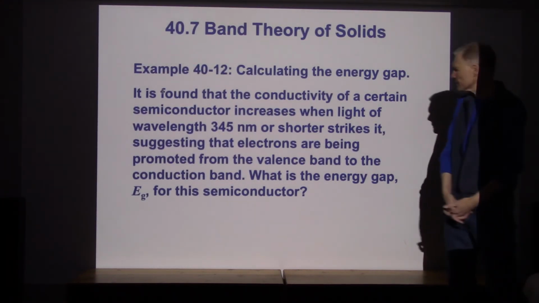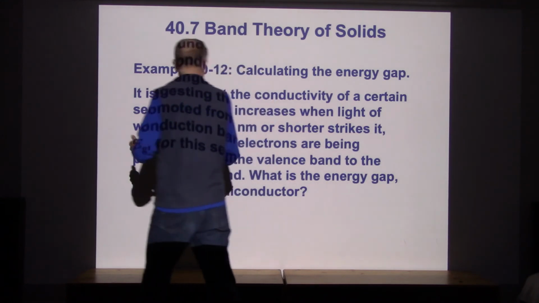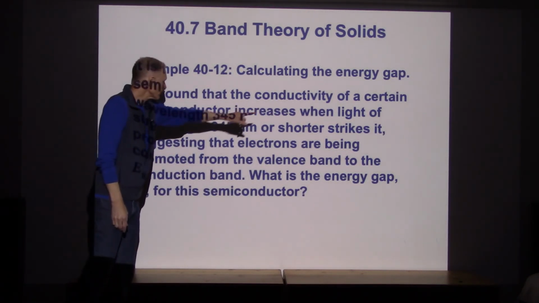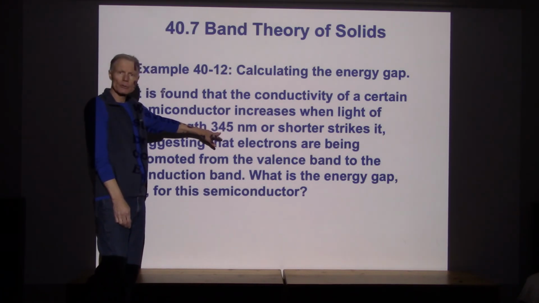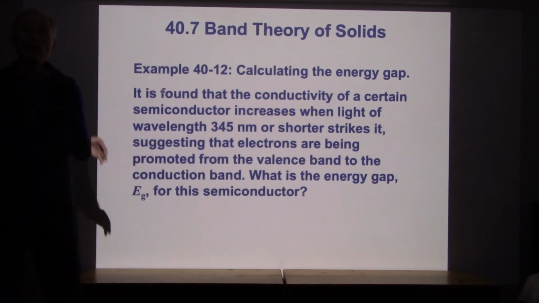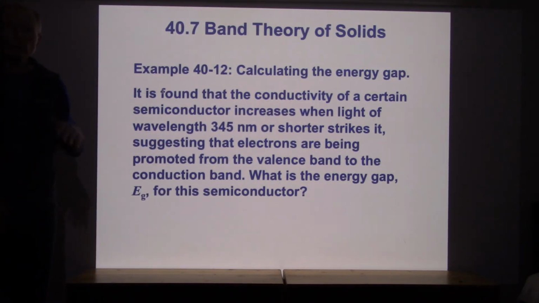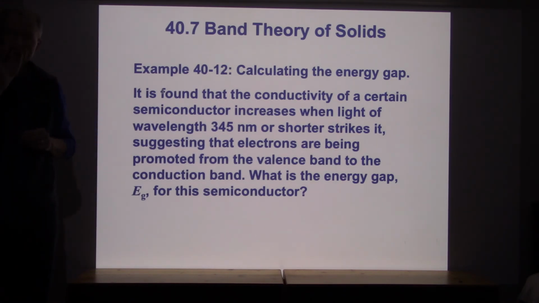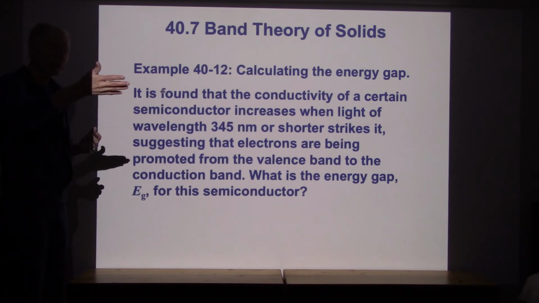Now this problem is saying that it's found in some kind of a semiconductor that when we hit it with light, with photons of wavelength 345 nanometers or shorter, that's enough energy to jump the gap. So we're trying to find out how energetic the photons coming in need to be to jump the gap.